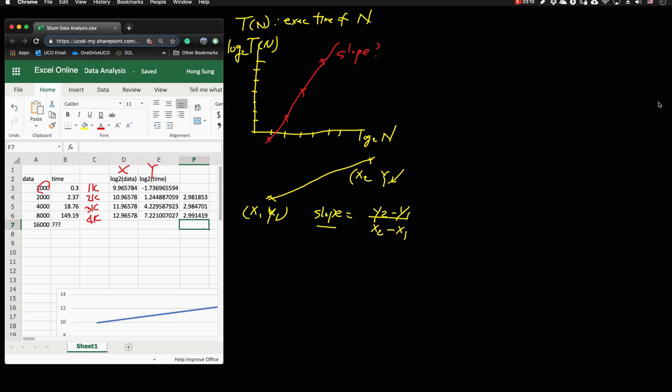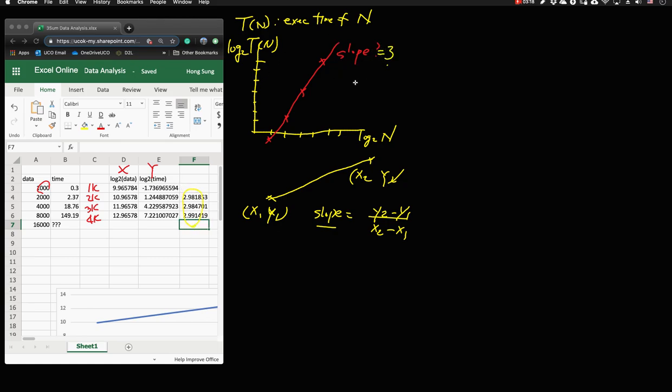So let's just assume for simplicity's sake it's close to 3. So let's say slope is 3 out of this empirical experimental data. Then the equation of this graph is y equals some slope times x plus offset c.